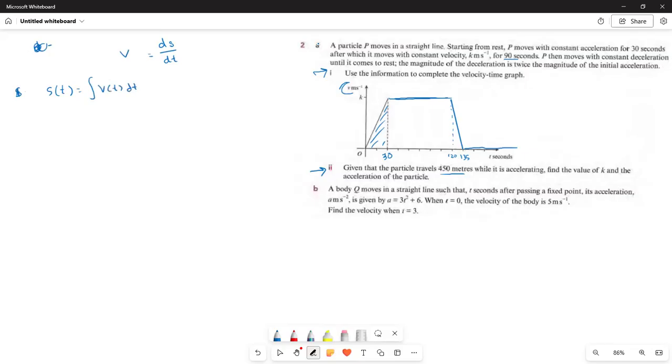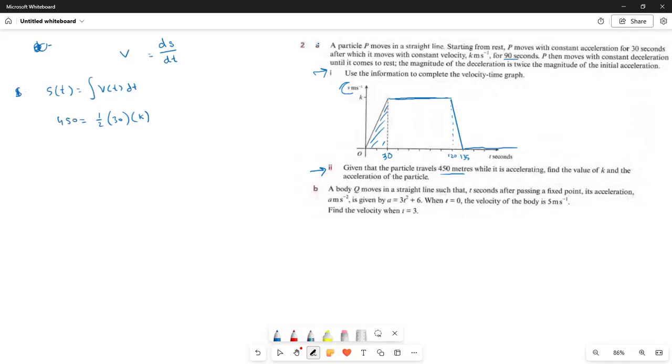The integral is the area under the curve, so if you find the area of this region, that will give you the distance. The area of this triangle is 1/2 times base 30 times height k, and this is given by 450 meters.